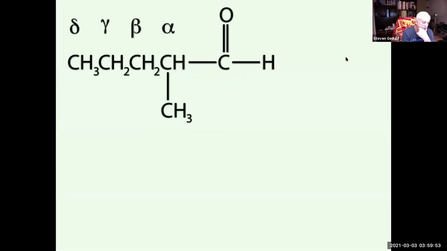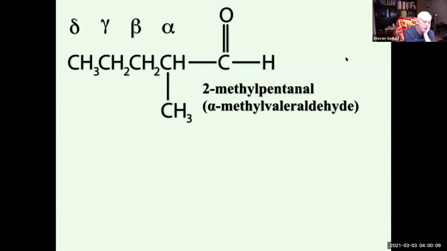So there's one of your aldehyde groups there. And instead of having the 1, 2, 3, 4, 5, you have alpha, beta, gamma, and delta. So this is 2-methylpentanal, because again, if you did the nomenclature, 1, 2, 3, 4, and 5.